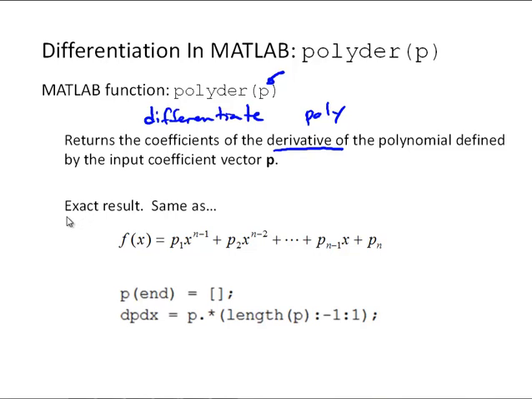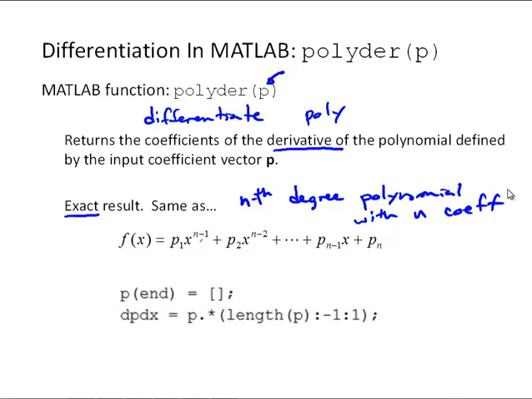So again, this is an analytical result, and if we have that polynomial defined as p1 x to the n minus 1, p2 x to the n minus 2, and so on, an n minus 1th degree polynomial with n coefficients, then when we take that derivative, we would drop the last coefficient and then multiply the rest of the coefficients by decreasing constants as we go through.